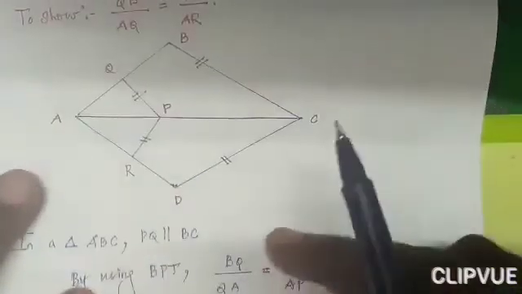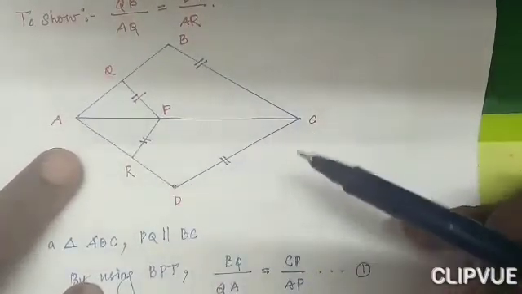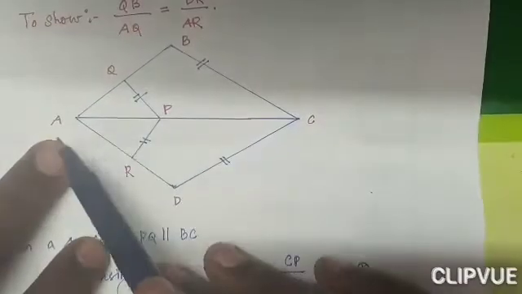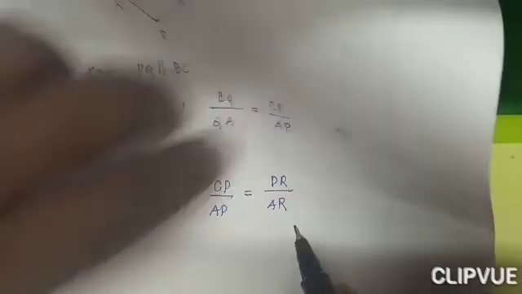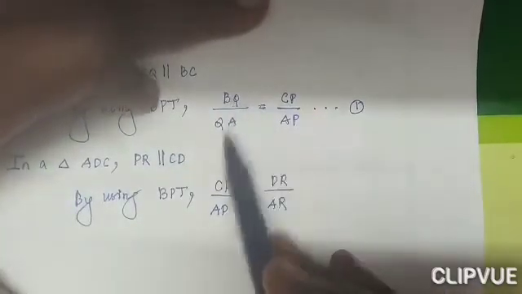If you redraw the diagram once, you can understand easily. For the first one, you can draw the triangle ABC, and for the second one you can draw the triangle ADC. So here CP by AP equal to BQ by QA.